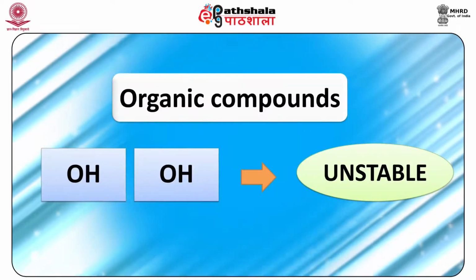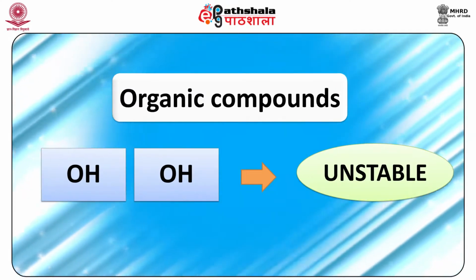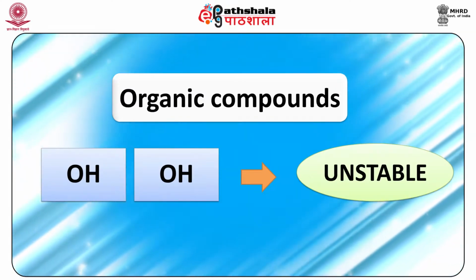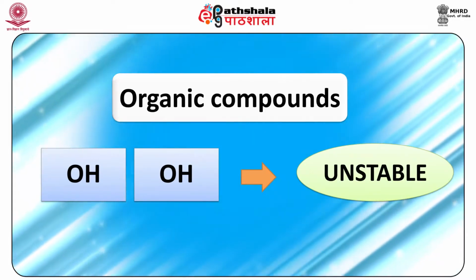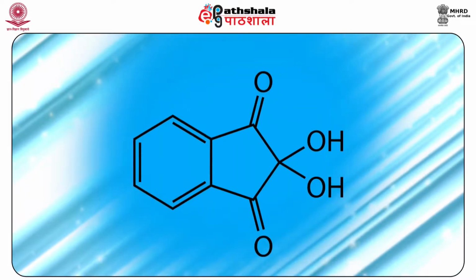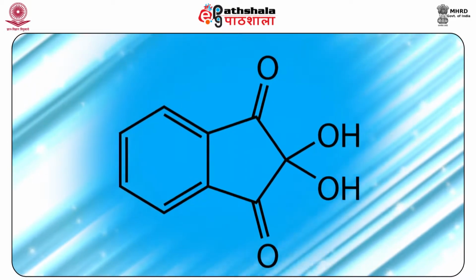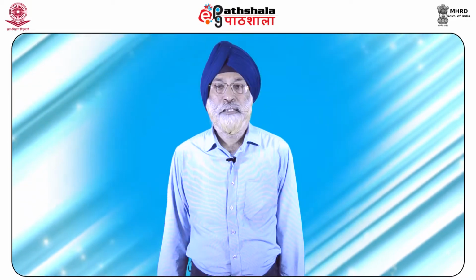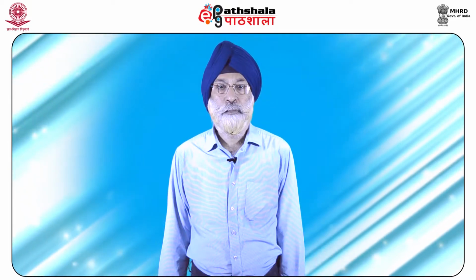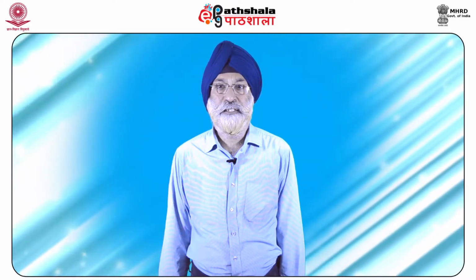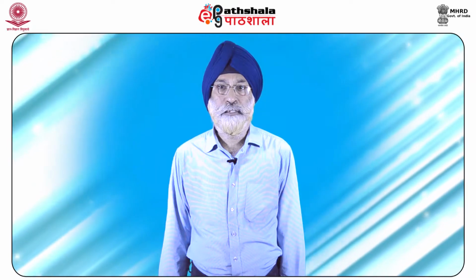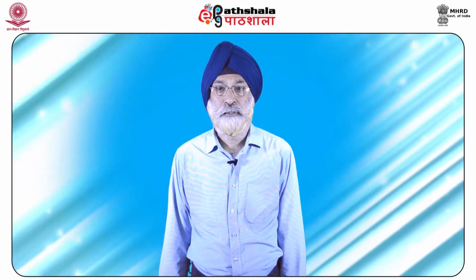Normally, organic compounds having two hydroxyl groups on the same carbon atom are unstable. However, Ninhydrin is stable. It owes its stability to intramolecular hydrogen bonding. When heated in vacuum or when treated with thionyl chloride, Ninhydrin dehydrates to 1,2,3-indane trione.